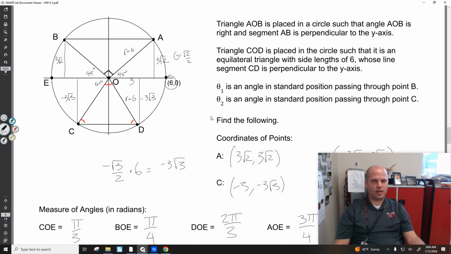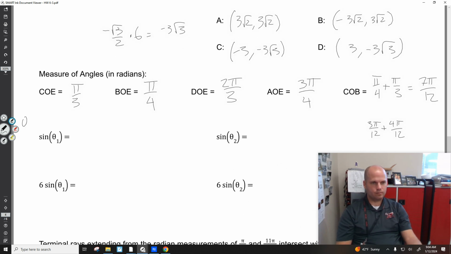Okay, let's find what theta 1 is. Theta 1 is passing through point B. Theta 1 is 3 pi over 4. This is like 6 OB. It's 45 degrees away from 4 pi over 4. The sine of 3 pi over 4 doesn't matter the triangle.